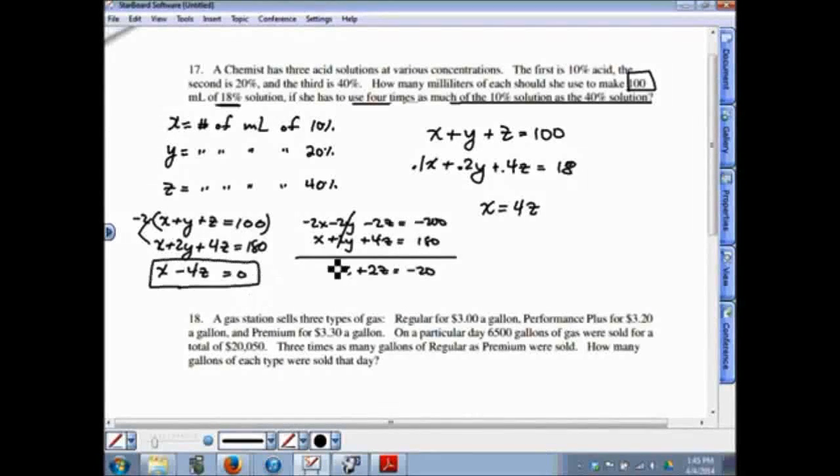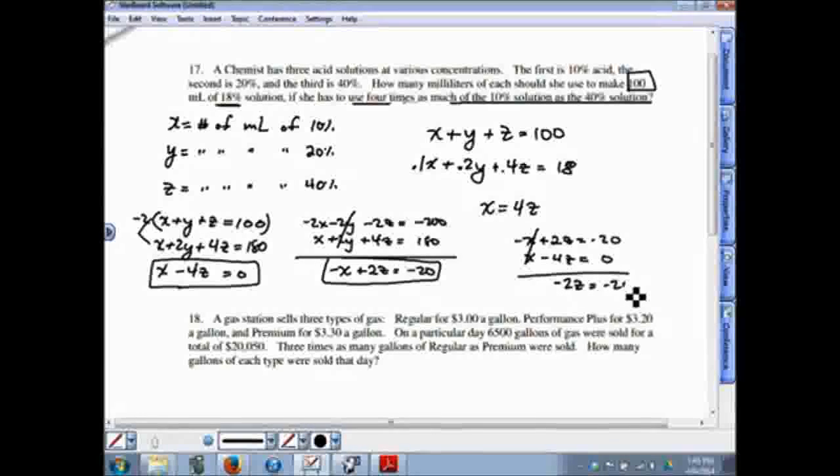So what I was saying earlier is now both of these equations are in terms of the same 2 variables, x and z, so we can solve this as a system of equations now. Negative x plus 2z equals -20, and x minus 4z equals 0. The x's are gone. 2z minus 4z is -2z equals -20, so z equals 10.